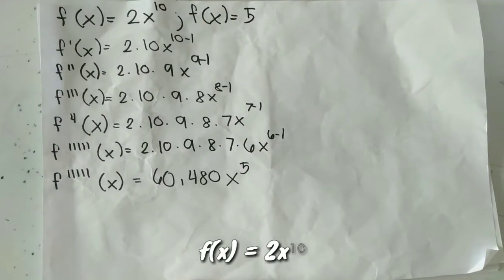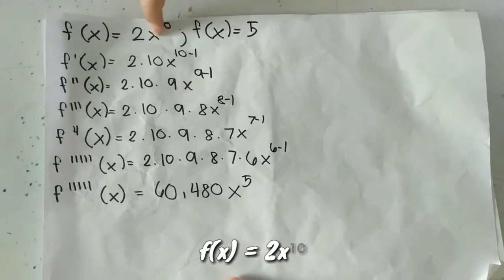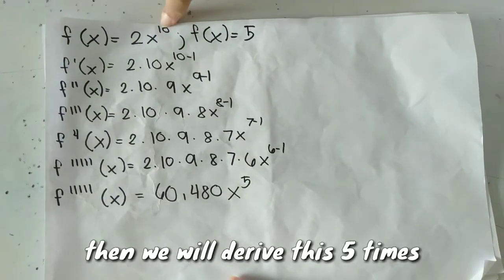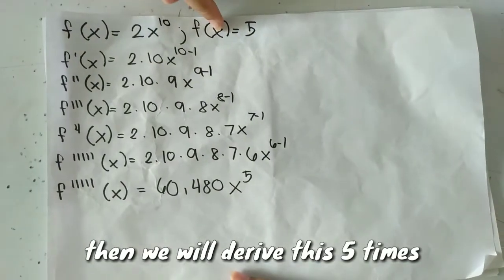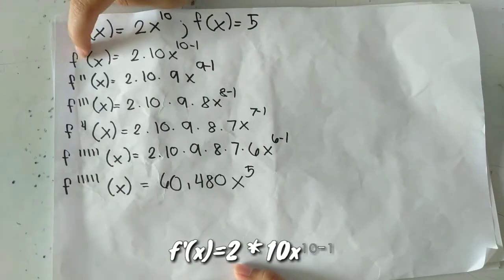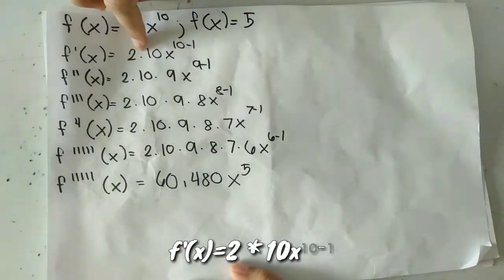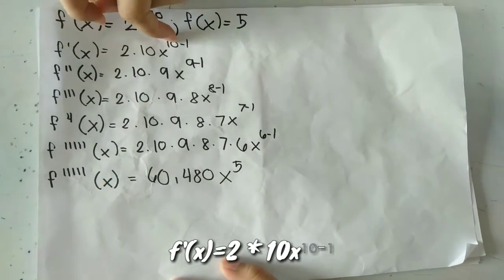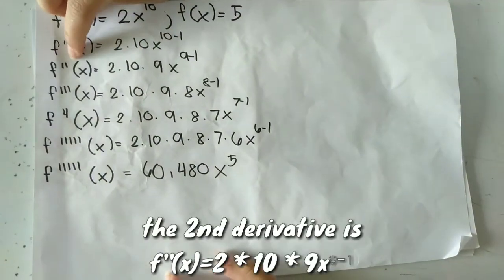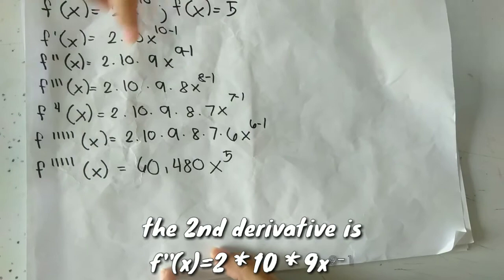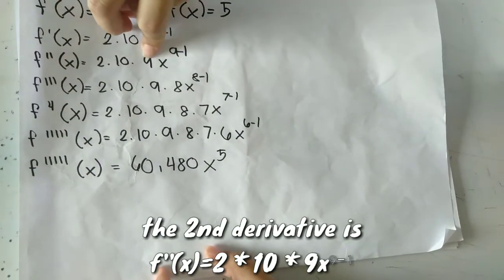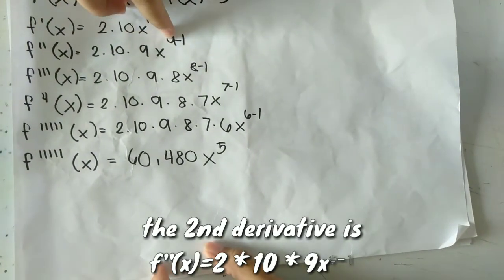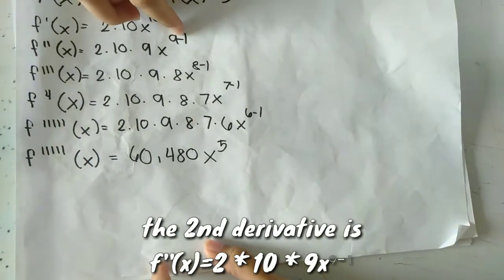Given is f of x equals 2x to the power of 10. Then we will derive this 5 times. So f prime of x equals 2 times 10x to the power of 10 minus 1. The second derivative is 2 times 10 times 9x to the power of 9 minus 1.